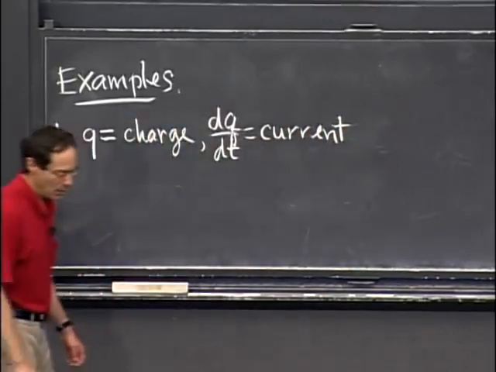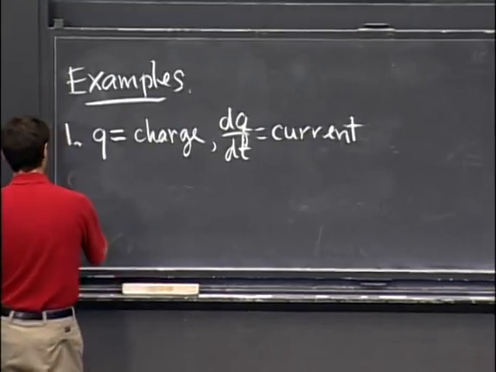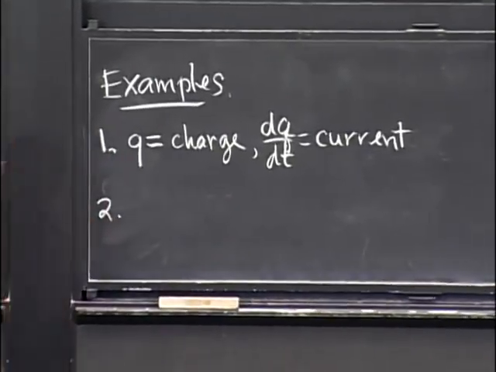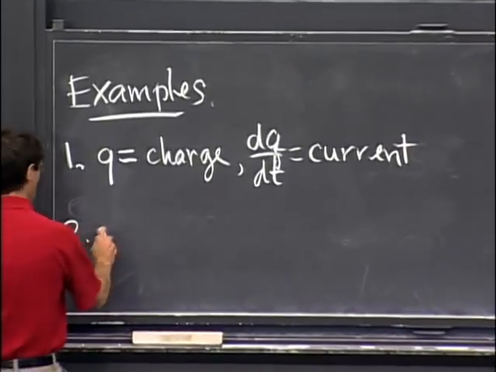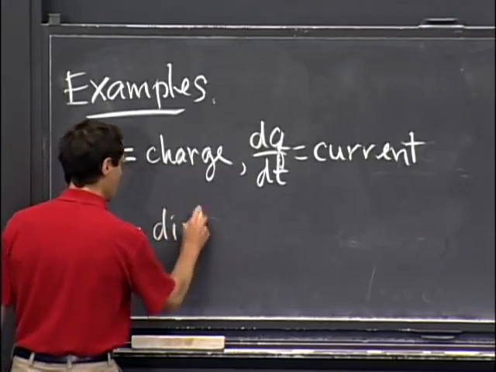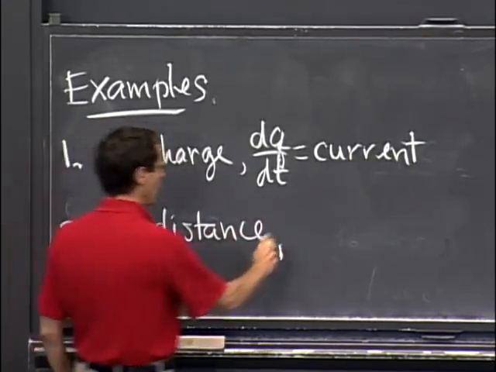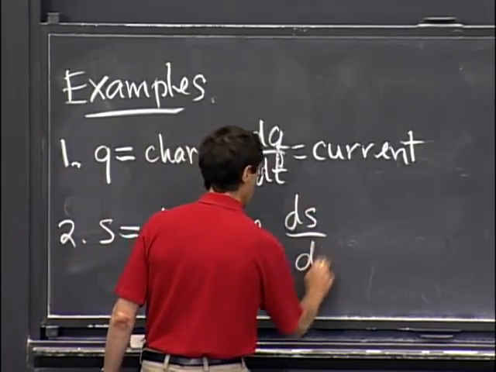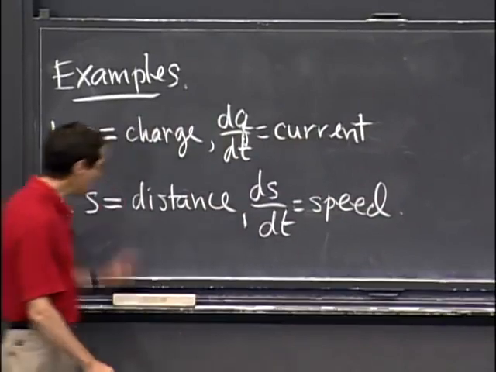So that's one physical example. A second example, which is probably the most tangible one, is we could denote the letter S by distance. And then the rate of change is what we call speed.